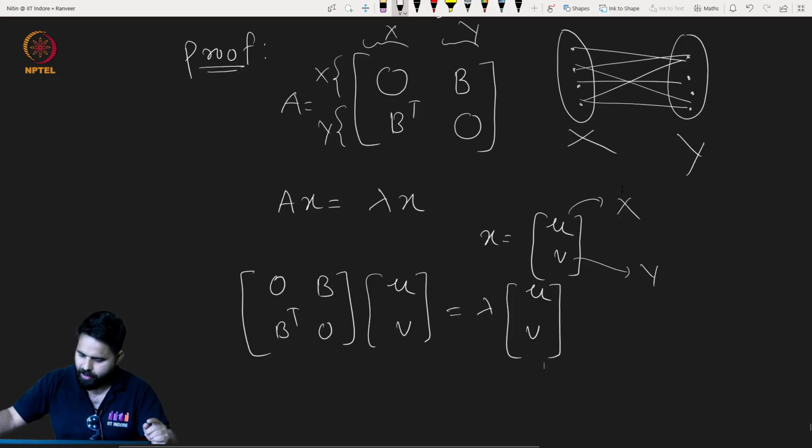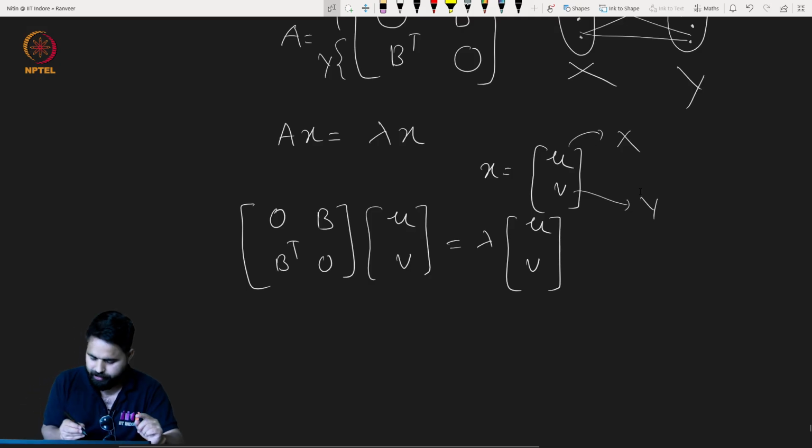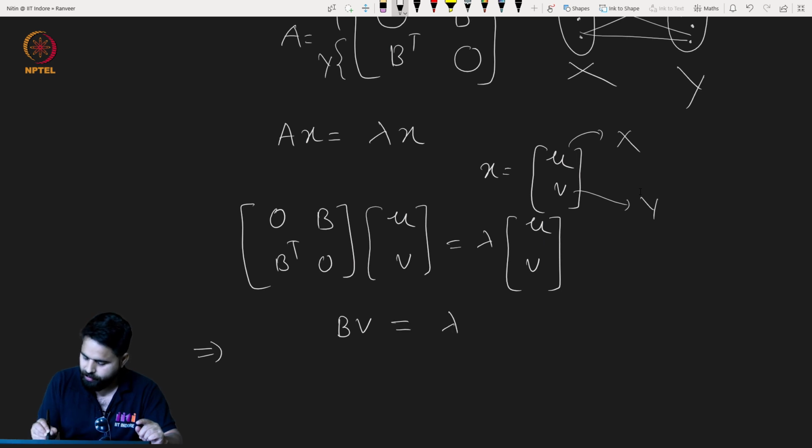Very good. Now if we open this, this will give you Bv equal to lambda u and B transpose u equal to lambda v.